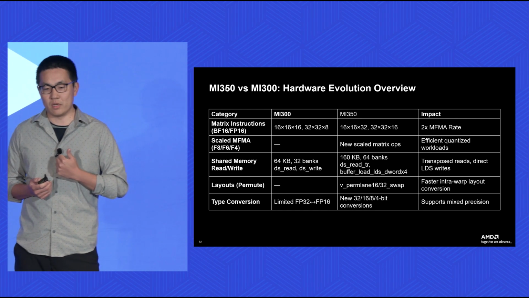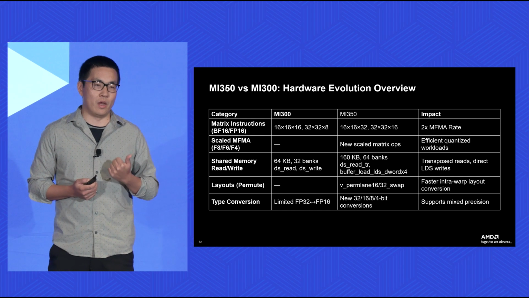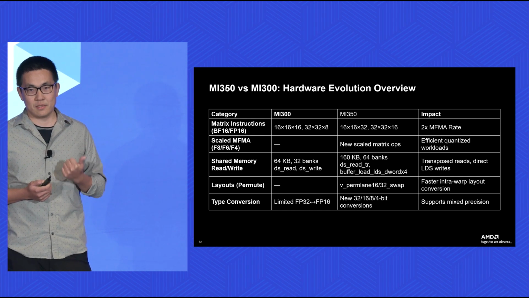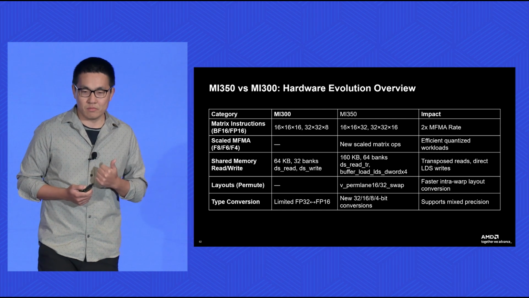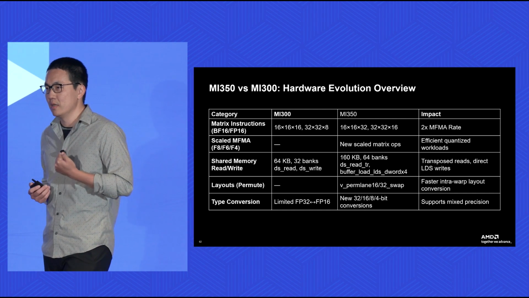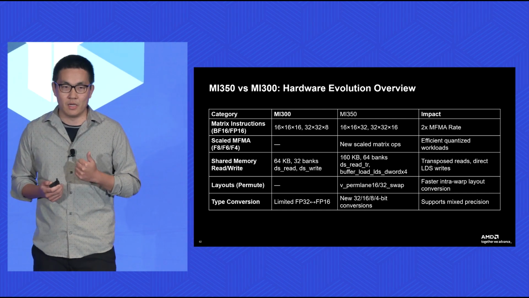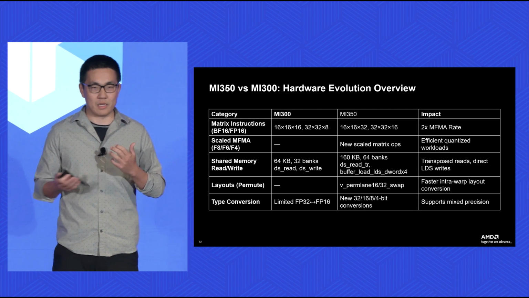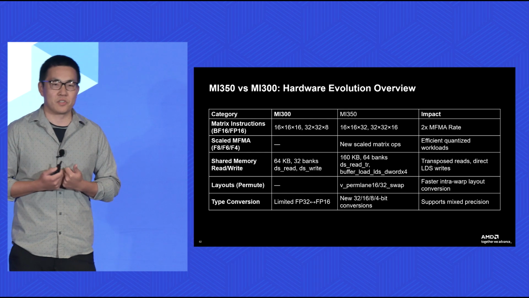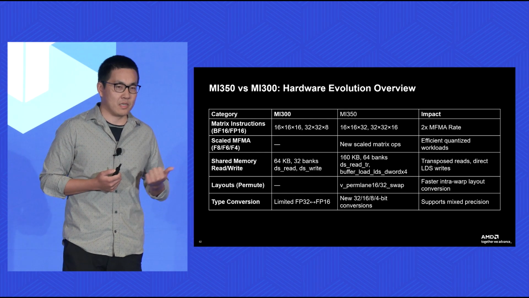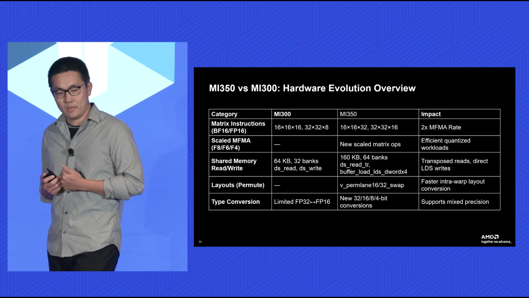Now we have 160 kilobytes with 64 banks. We also have new transposed instructions to read elements from shared memory, and larger vectorized direct-to-shared-memory instructions. These will facilitate cleaner pipeline design and implementation.